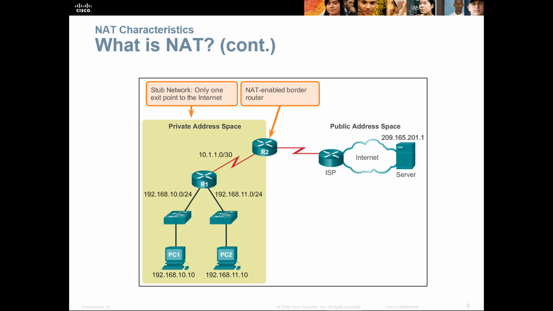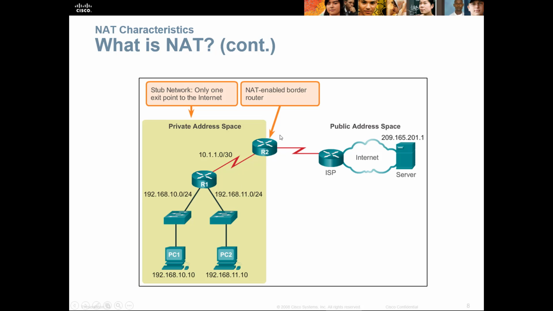So graphically, how does that work? We can actually have this as all private address space, and only when it leaves R2 as an egress to our ISP, then it will be NATed. And what will be NATed? All packets leaving this network heading to the ISP will be NATed.